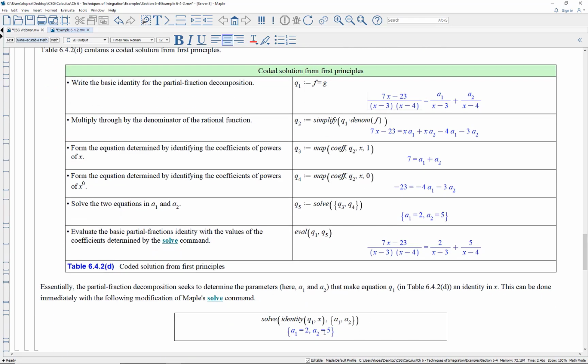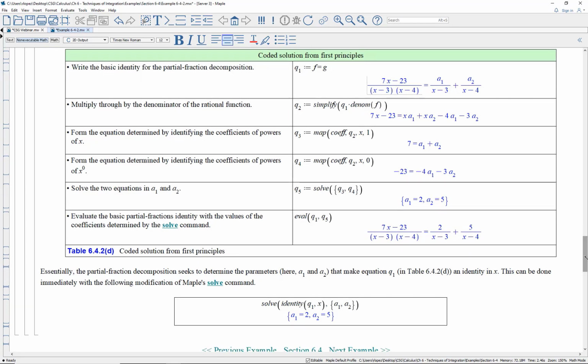Or you can say, here is the equation which we want to be an identity in x. So solve identity. Identity is q1 in x, and solve it for a1 and a2, and there's the solution for a1 and a2.